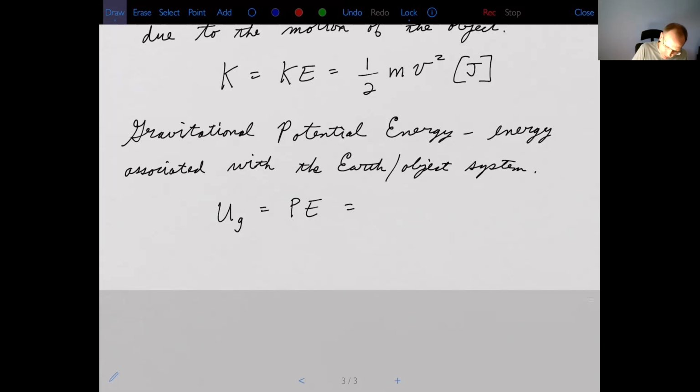Remember, it's equal to the mass of the object times g times some distance above a reference point, right? So the y here is the vertical distance relative to some reference point.